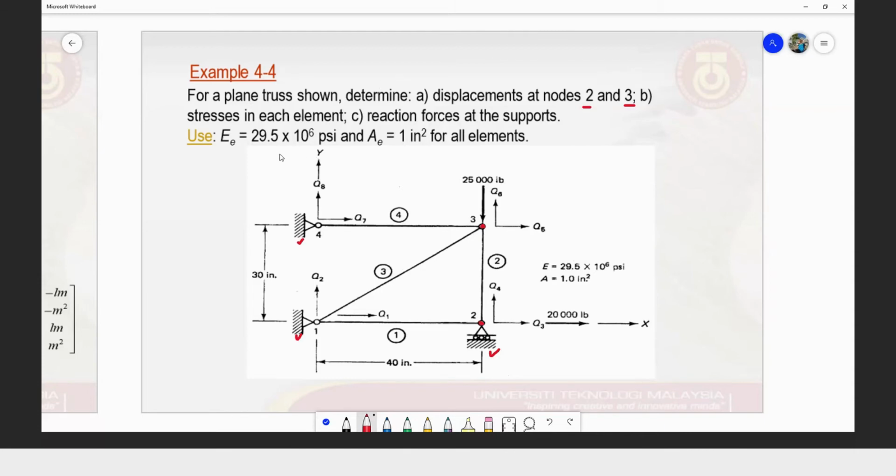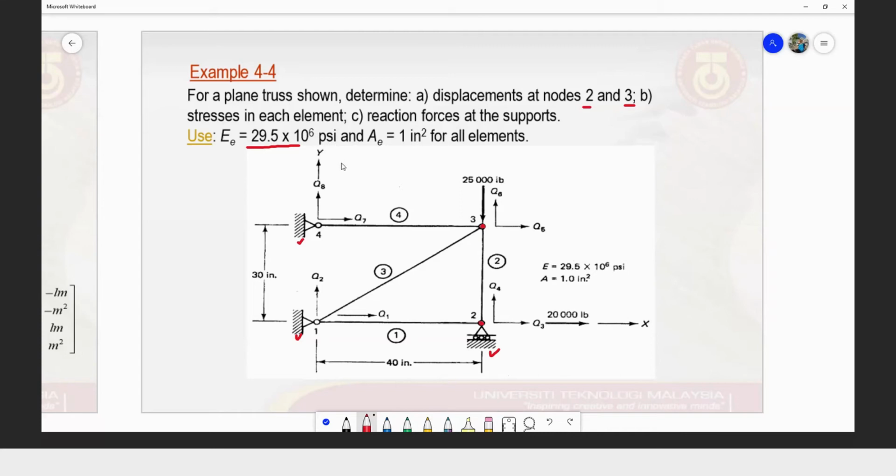And the material used has a modulus of elasticity as shown here, 29.5 times 10 to the power of 6 pounds per square inch.